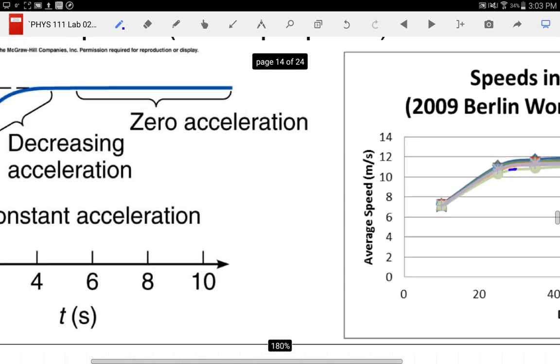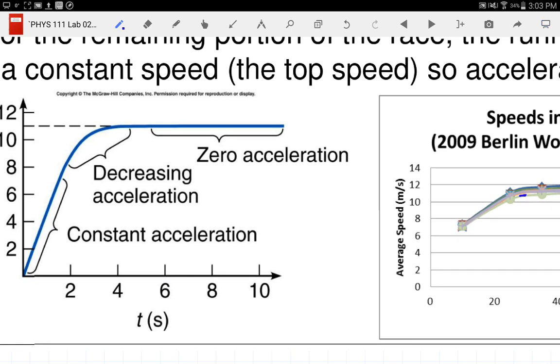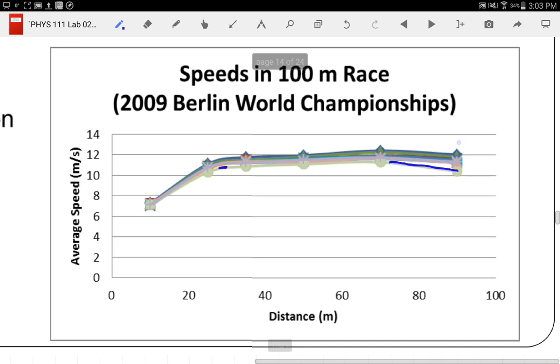And of course, it's more interesting than looking at the general physics version, the idealized one, where they speed up and then run at constant speed. But if you were looking at this race, if you were comparing this guy to this guy, what would you think was happening just watching the race?